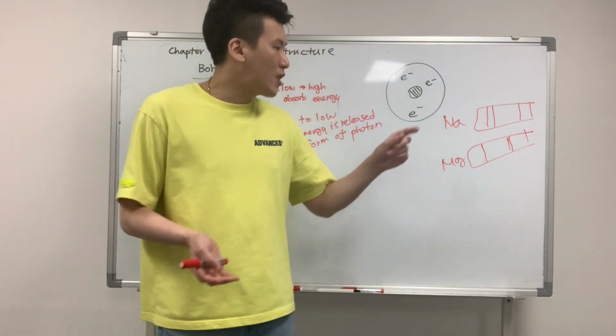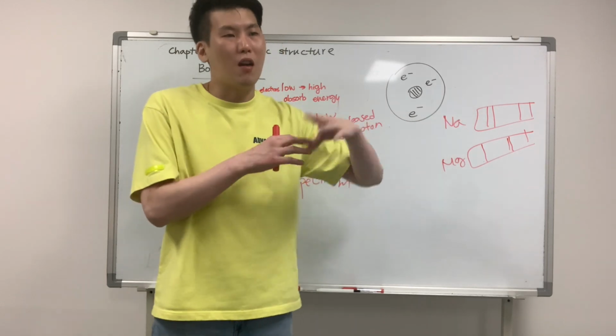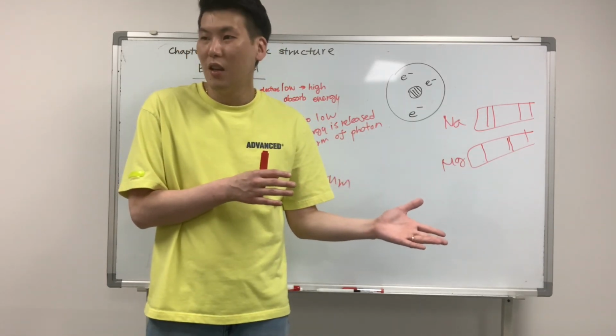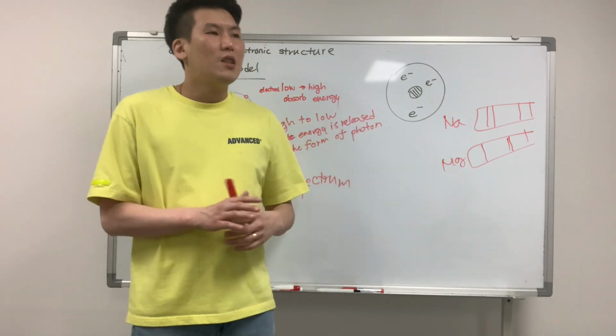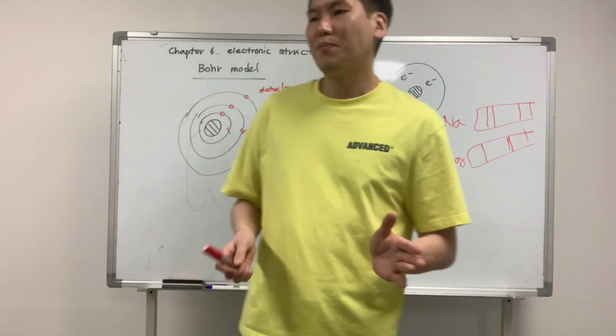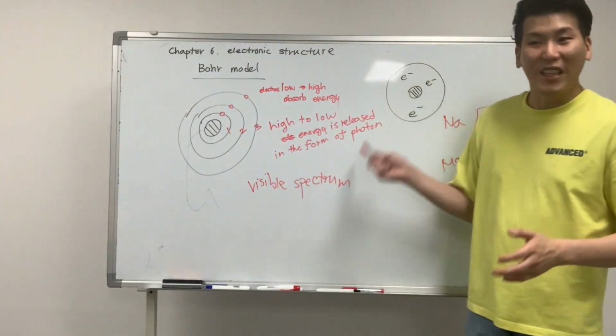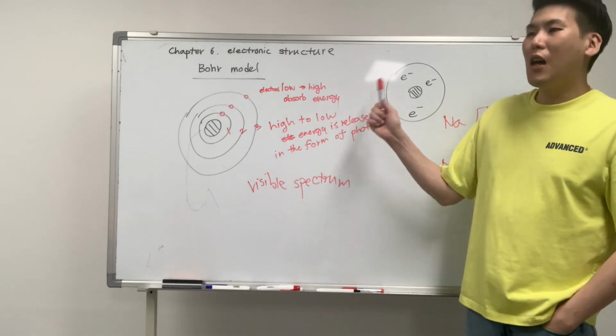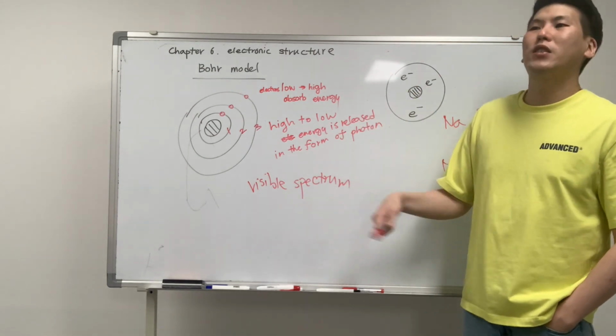But if it's the same pattern as what we had earlier, then it is not a new element. Does that make sense? Is that important? Maybe, maybe not, it depends on teachers. But all these, low to high absorbs, high to low energy is released.